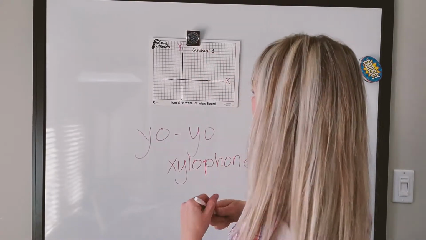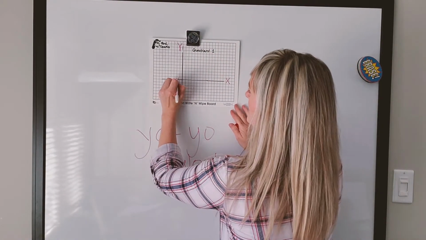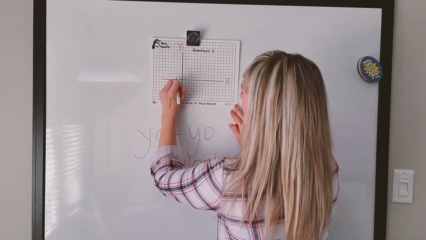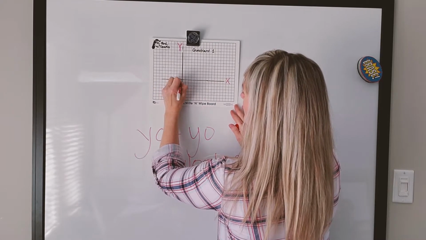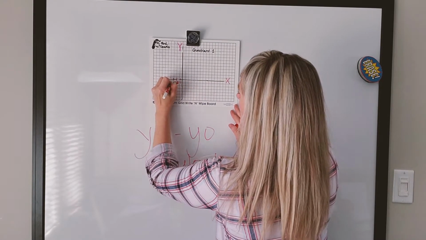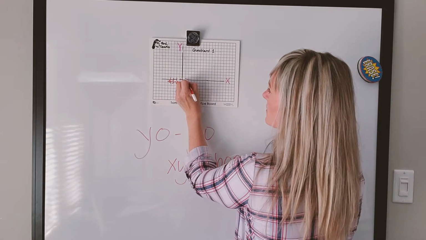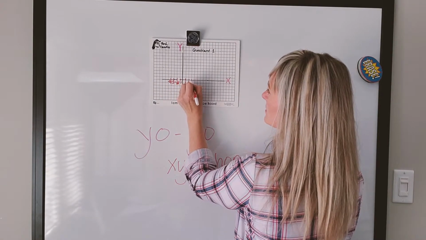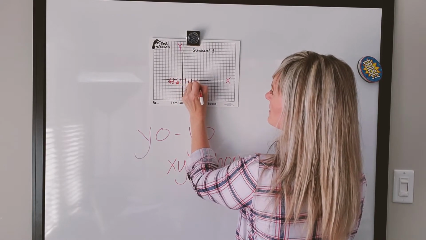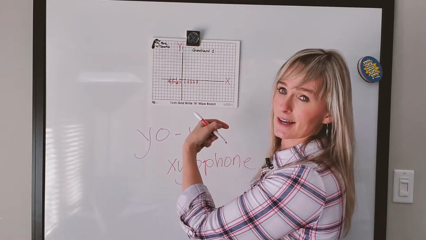Cartesian plane like this, we have our negative numbers here. -1, -2, -3, -4, 1, 2, 3, 4, 5 are positive numbers on this side.